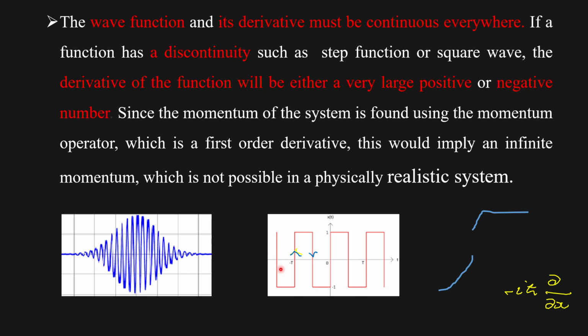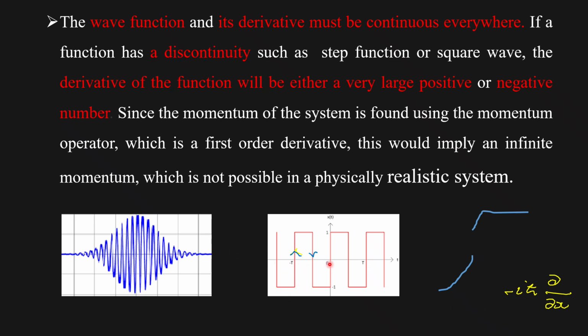If it is discontinuous and you take the derivative, it will be infinite. Delta y over delta x, in this case delta y is a large value and delta x is 0, so this will go to infinity.